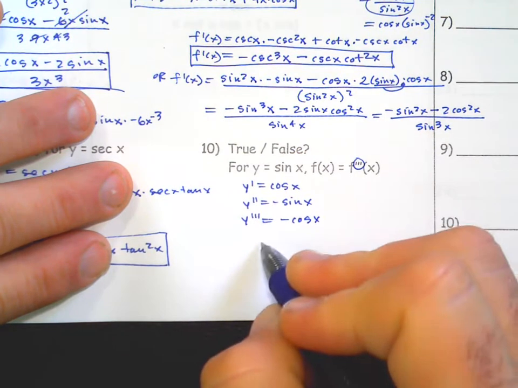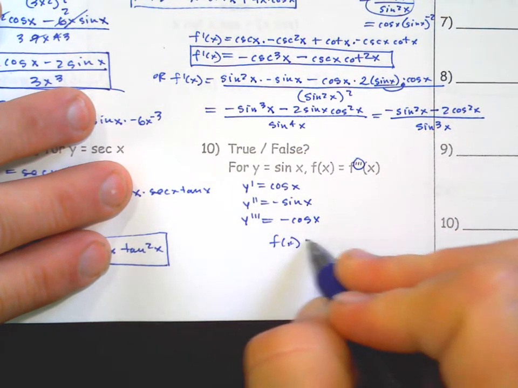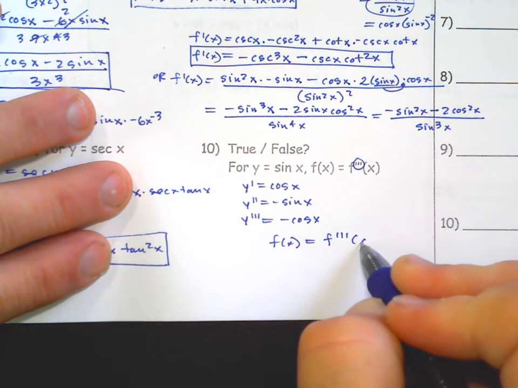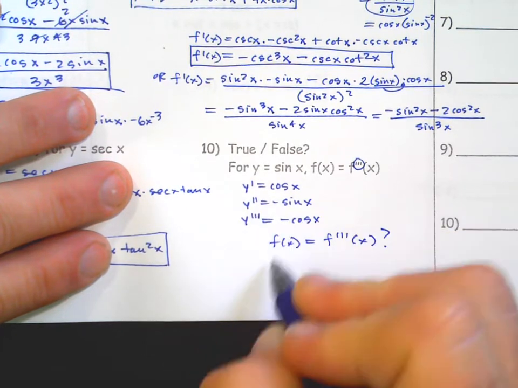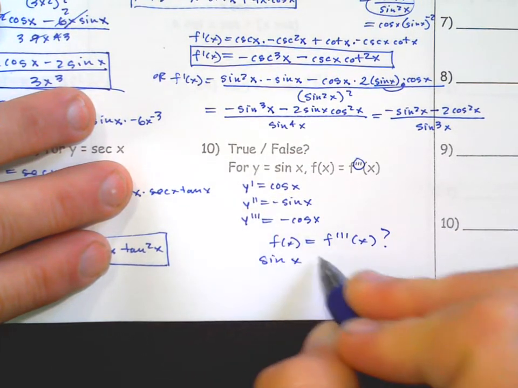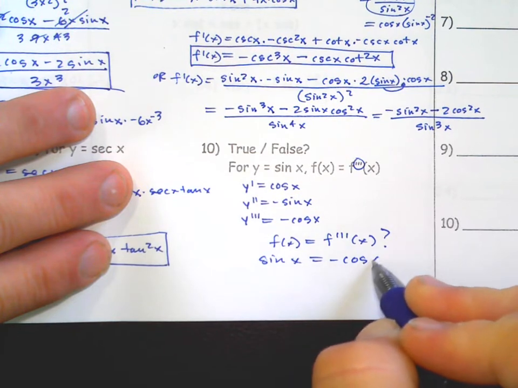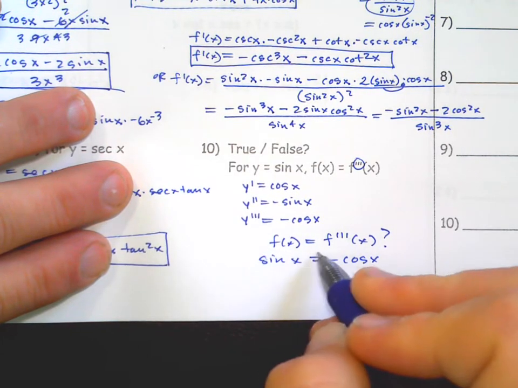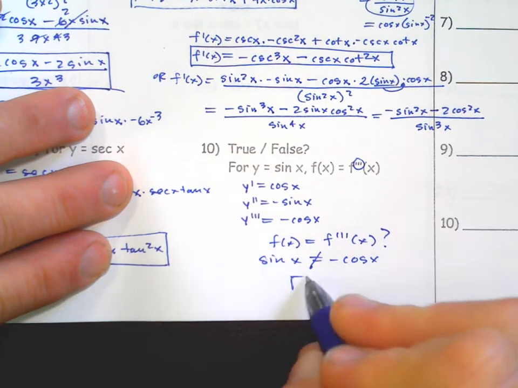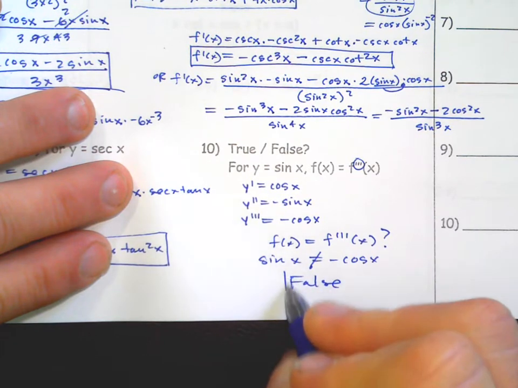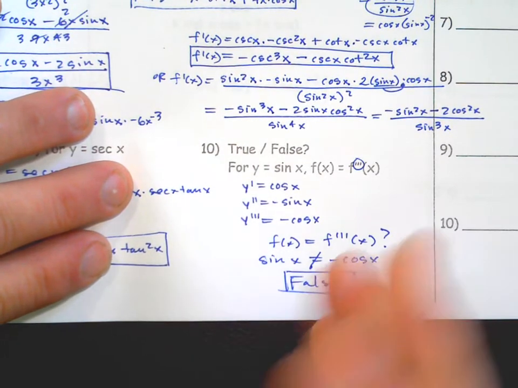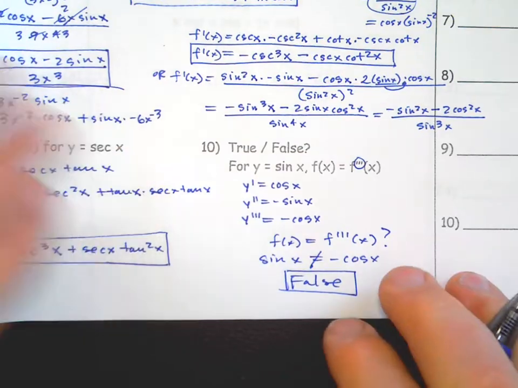So does f of x equal the third derivative of x? Well, the first function was sine x. The third derivative is negative cosine x. So no. False. True, false, I need work to back it up. Good work. Clear work.